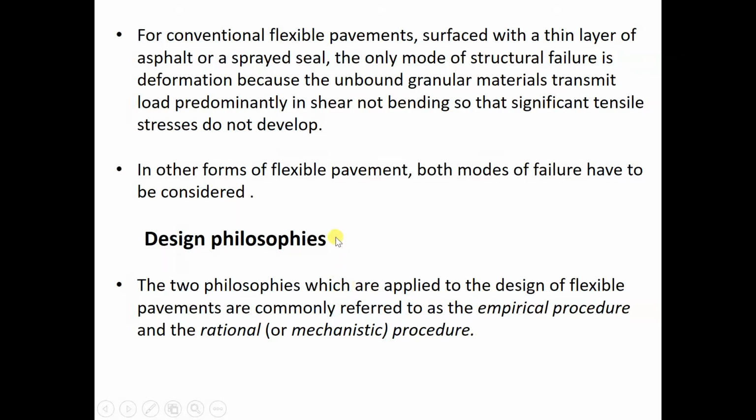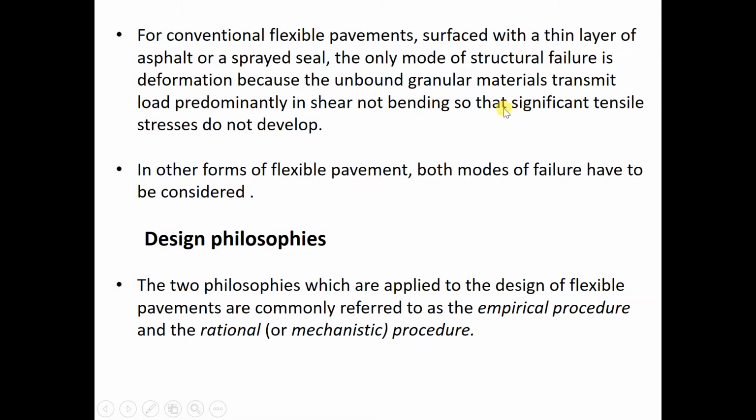For conventional flexible pavement surfaced with a thin layer of asphalt or spray seal, the only mode of structural failure is deformation, because unbound granular materials transmit load predominantly in shear, not bending, so significant tensile stress does not develop.